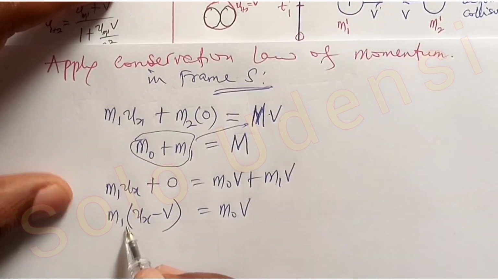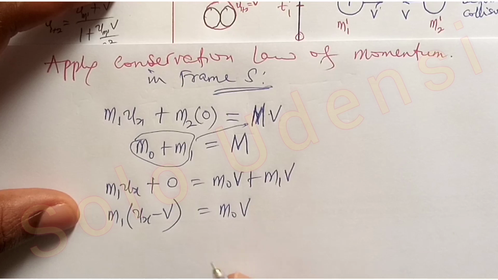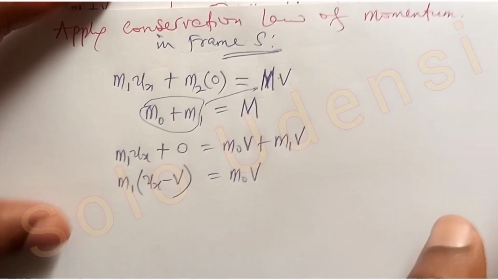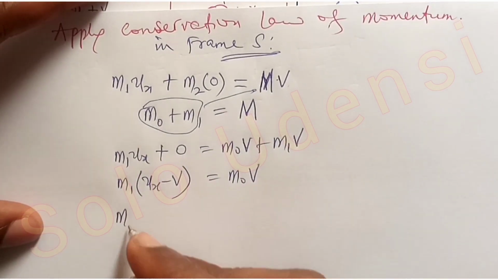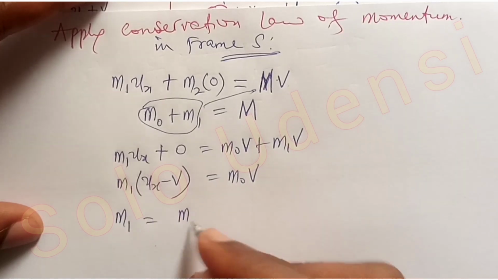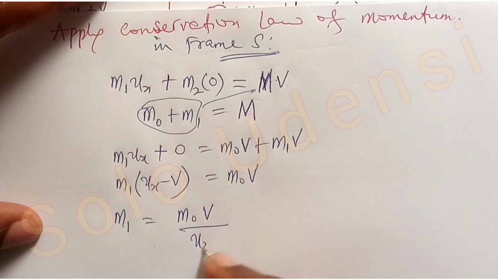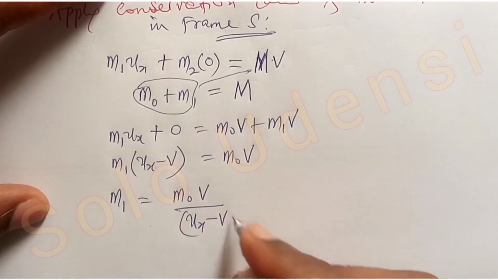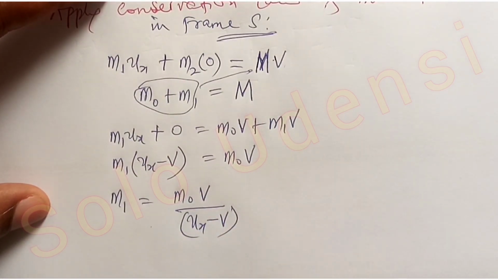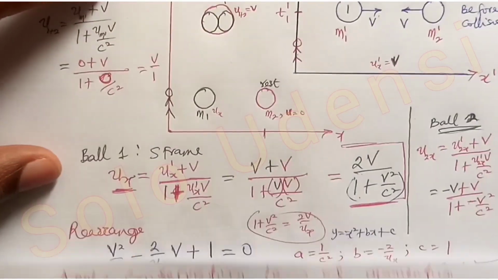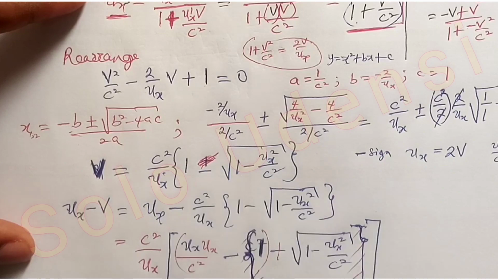We can as well say, therefore, because we want to know what mass 1 will be in that frame, mass 1 will now be m0 v over ux minus v.